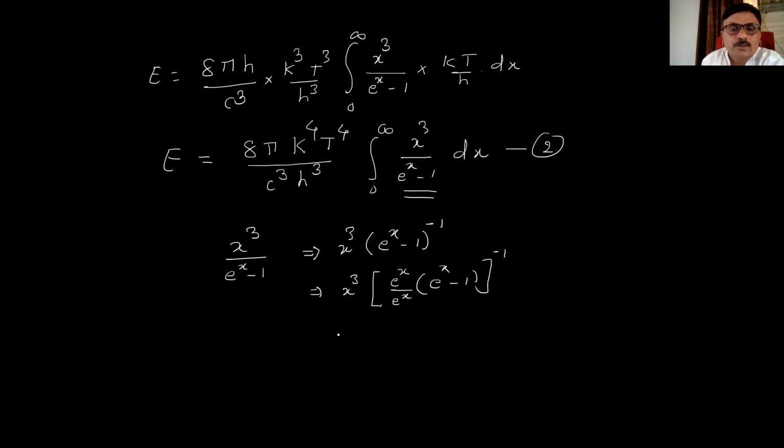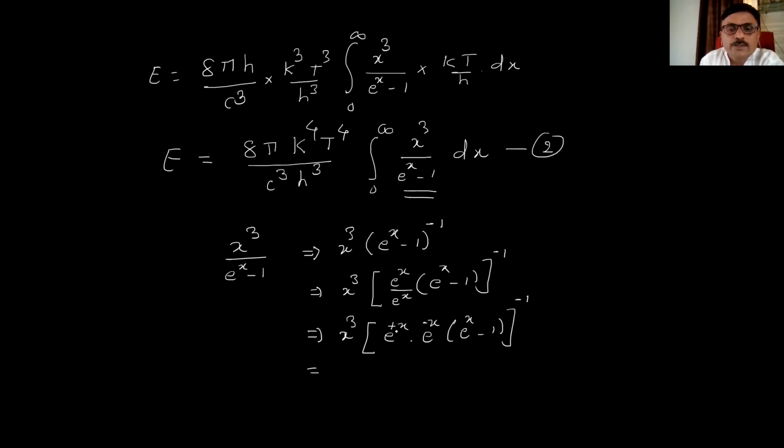Or I can write this as x cubed into bracket e raised to minus x into e raised to x, into bracket e raised to x minus 1 and whole raised to minus 1.